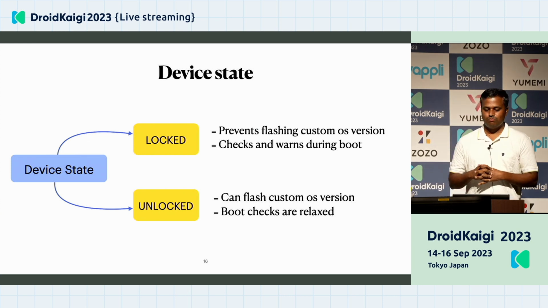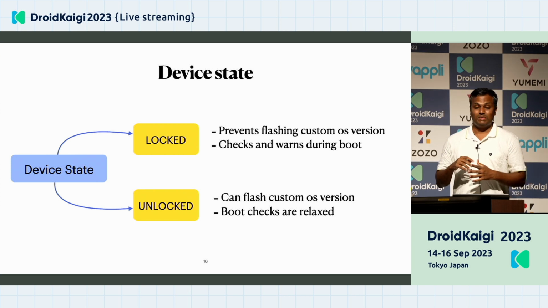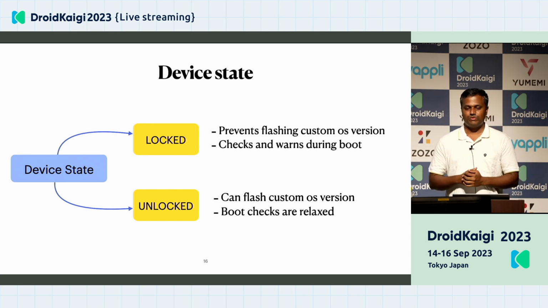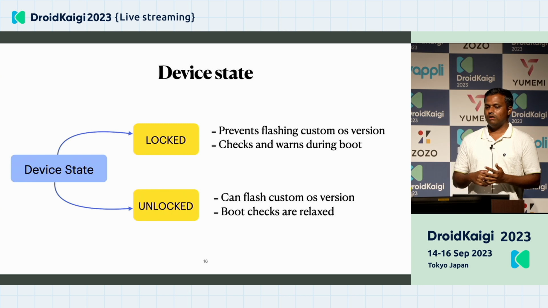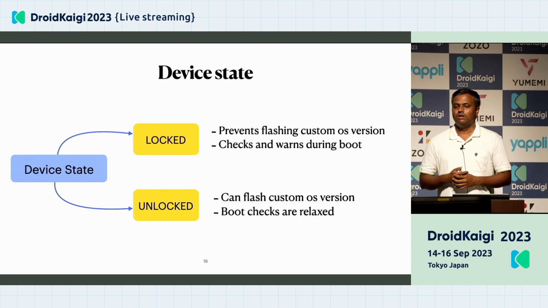This state helps the bootloader to know whether it's an original or a custom OS. So there are two states: locked and unlocked. Locked, as it says, prevents the flashing of a custom OS version and checks and warns during the boot up. On the other hand, in the unlocked device state, you can flash a custom OS version after unlocking, and in this case the boot checks are a bit relaxed.